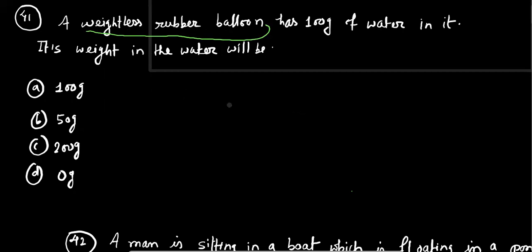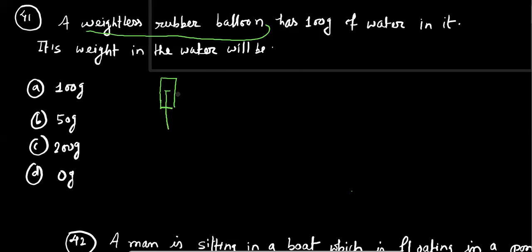From Archimedes principle, we can get the idea how the weight of any substance changes when we place it in any liquid or water. So let us discuss that first.